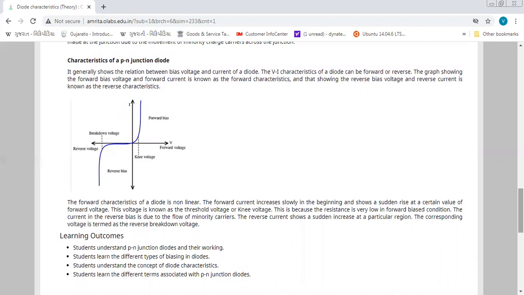This is because the resistance is very low in the forward bias condition. The current in the reverse bias is due to the flow of minority charge carriers. The reverse current shows a sudden increase at a particular region, and the corresponding voltage is termed the breakdown voltage.